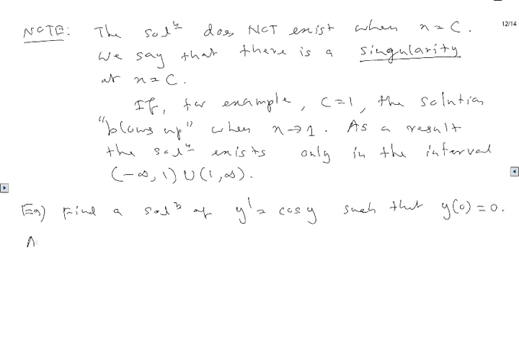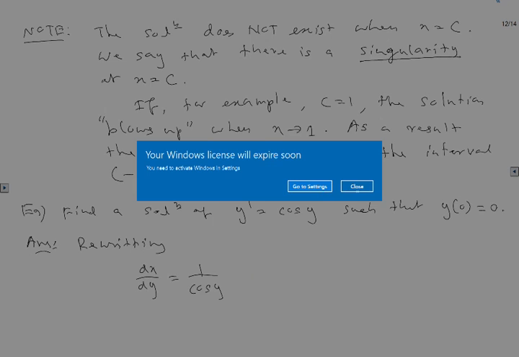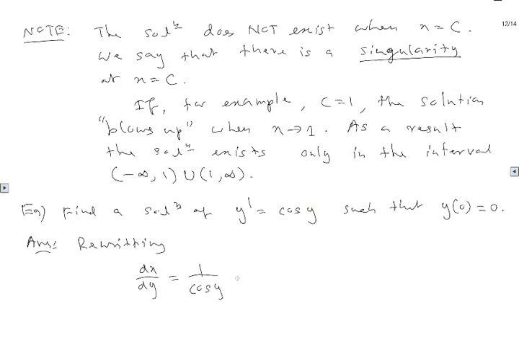So the answer, rewriting dx over dy, you're going to get 1 over cosine y because we write it upside down. So this is secant y.